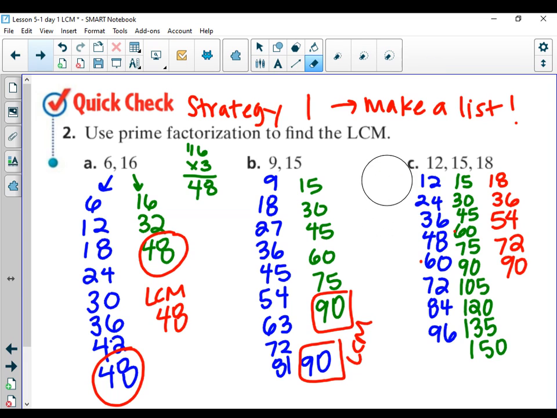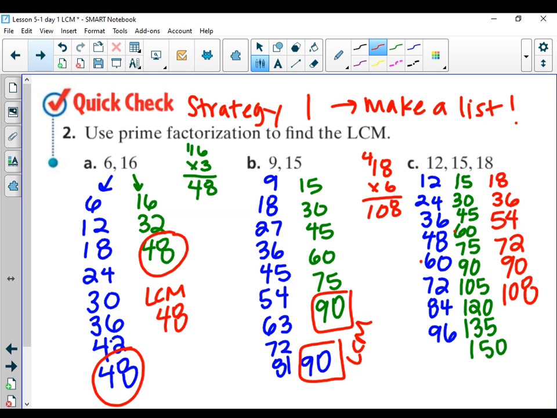Of course. How long is this going to go?